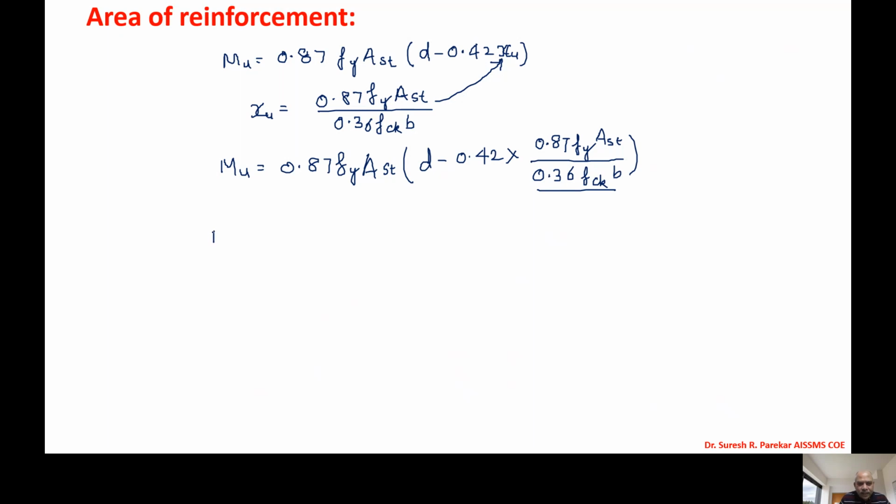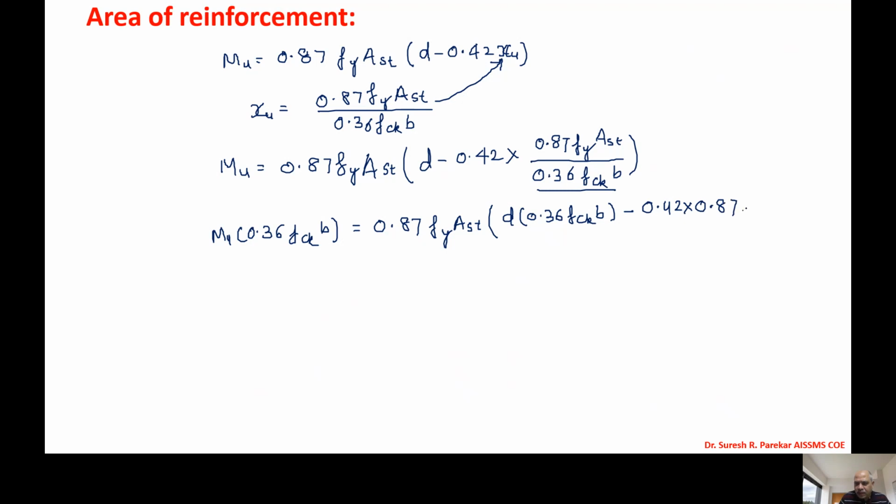So we will get Mu into 0.36 fck into b, which is equal to 0.87 fy Ast in bracket d into 0.36 fck into b minus 0.42 into 0.87 fy Ast.